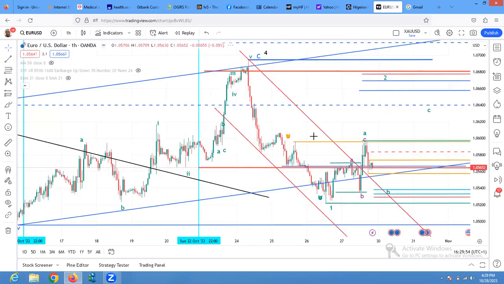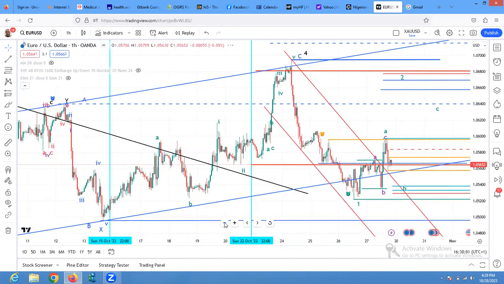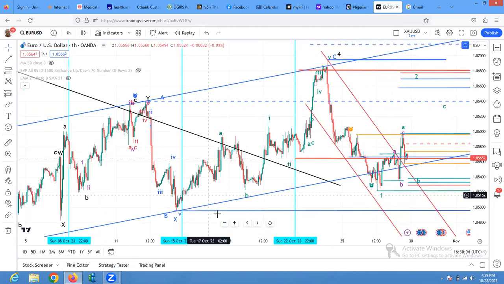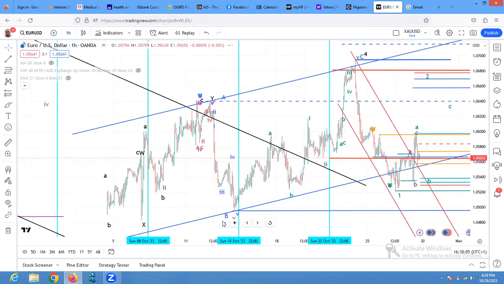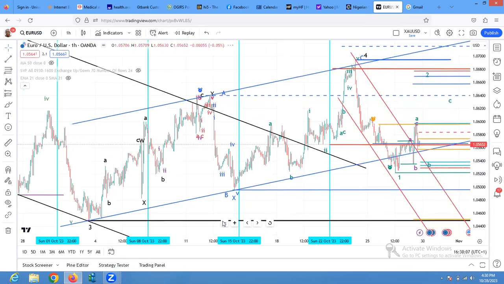On Euro Dollar, going on a 1 hour time frame, we had been in this correction. After this 4th wave of 3, we had the 5th wave, and we've been going up.